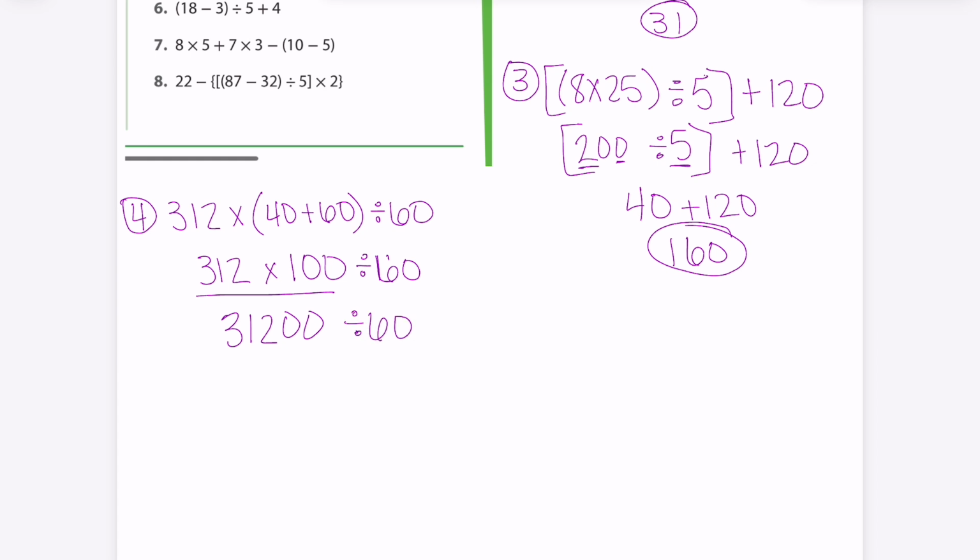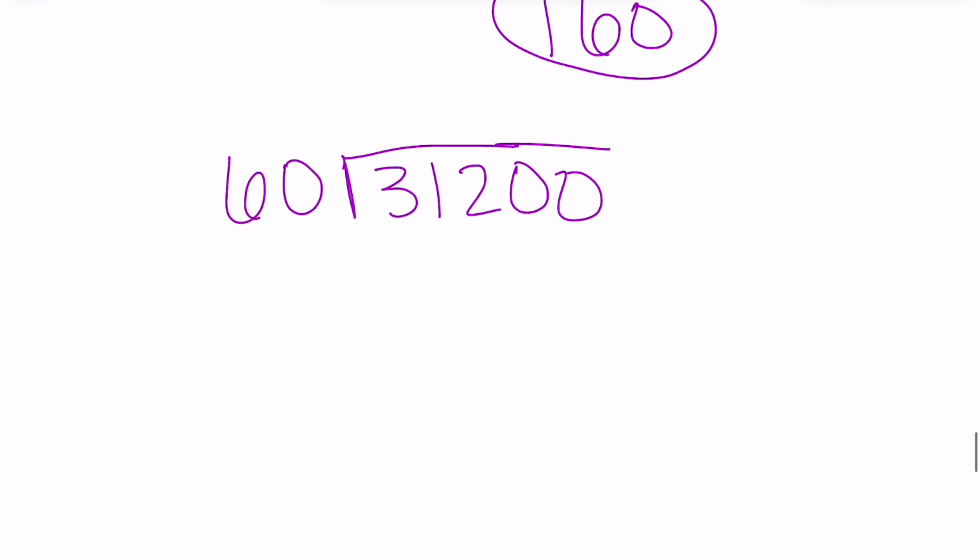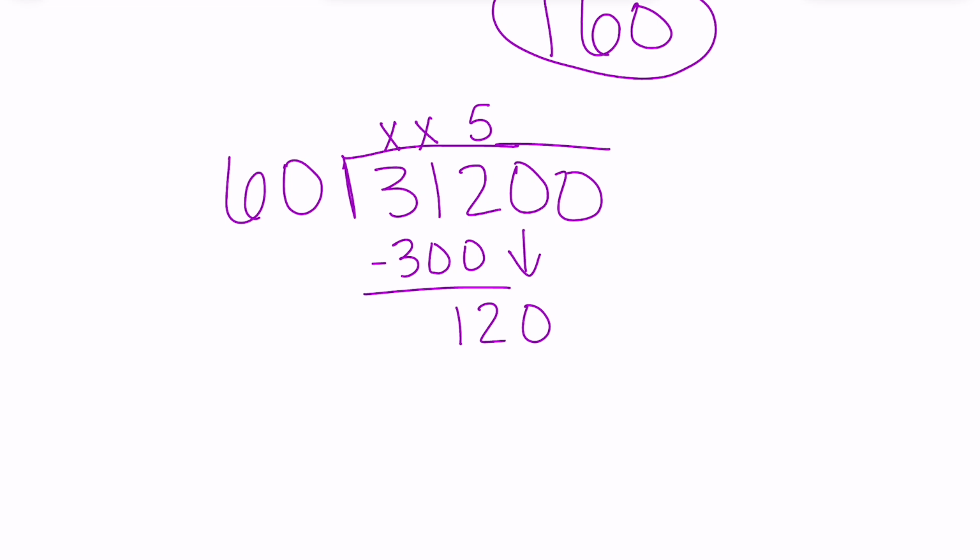divided by 60. Now, we're going to have to come over to the side and do a little long division. 60 will not go into 3, it won't go into 31, but it will go into 312 5 times because I know 6 times 5 is 30, and if I put a 0 on the end of it, I get 300. 60 will go into 120 twice.